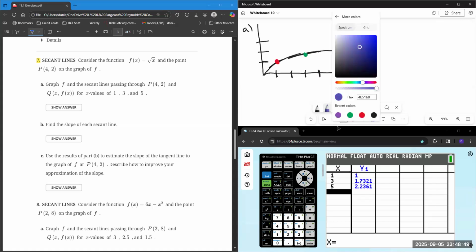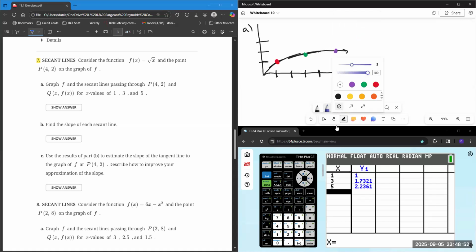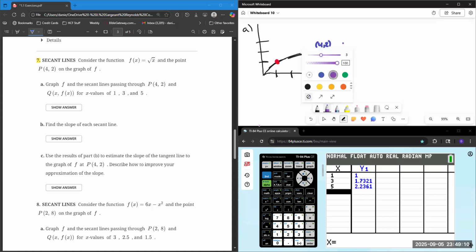For when we have the point 4, 2. Okay, so this is 4, 2. This is 5, and then it's 2.2361.